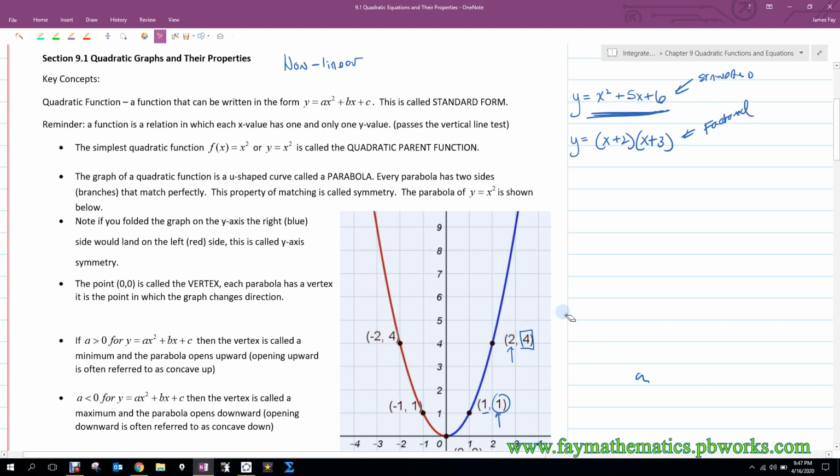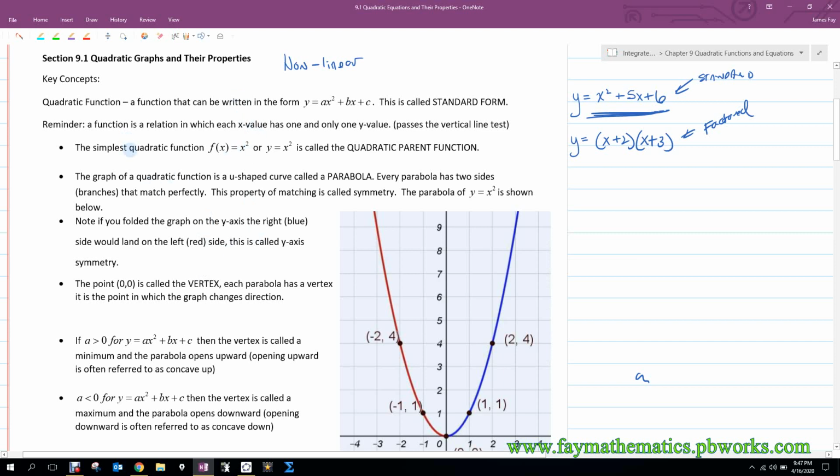If you remember what that meant, if I make a vertical line through here and then start sliding it left to right, my vertical line will only ever intersect that graph one time. That means for the x value that the vertical line is passing through, we're getting only one y value paired with it.